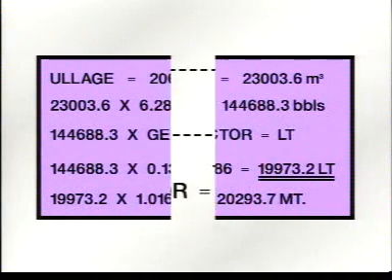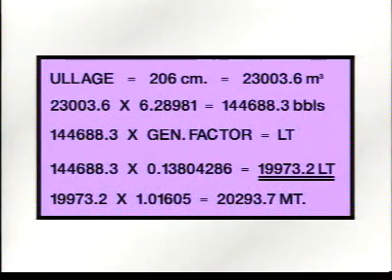Now it's necessary to convert cubic meters to US barrels. Use table 1. Multiply the gross volume obtained from the ullage table, 23,003.6 cubic meters, by the factor, in this case, 6.28981.